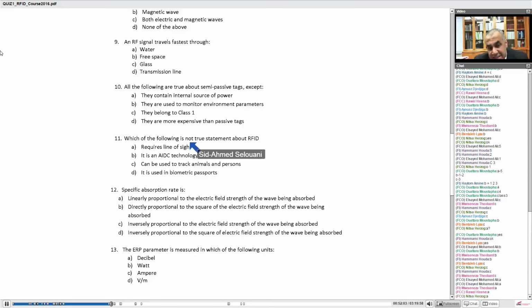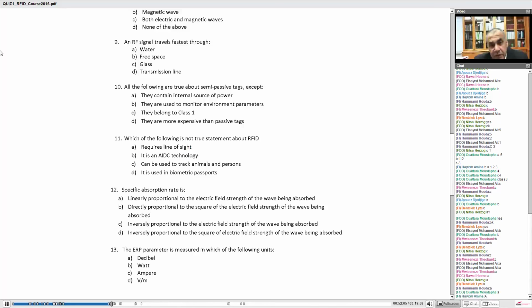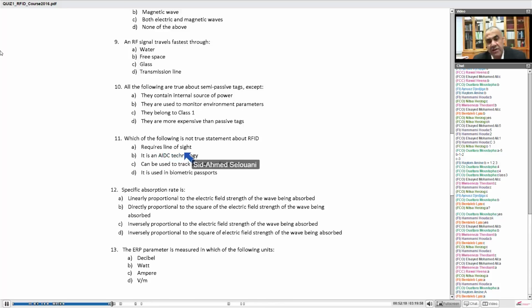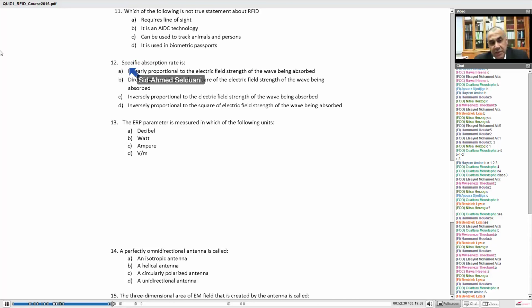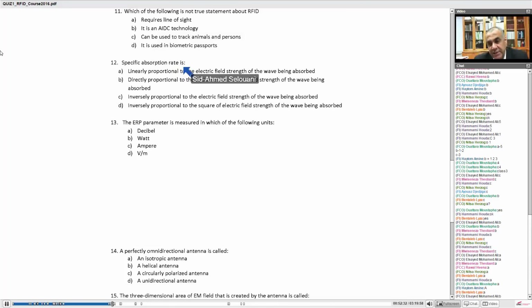It is C. 11. Which of the following is not a true statement about RFID? Yes, the barcode requires line of sight, but RFID does not. So all others are okay with RFID.